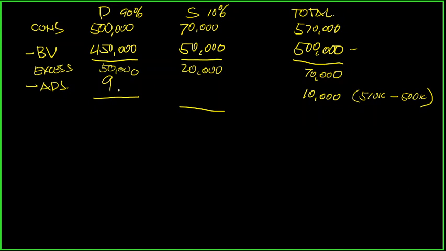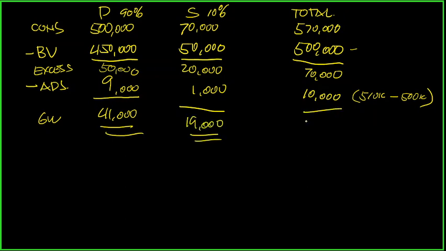So, the adjustment of 9,000, that's 90%, and 1,000, that's your elimination entry number 2 na, di ba? You will be left with your goodwill. Here you have a goodwill of 41 as previously computed. Here you have 19,000. Tada, and a total goodwill of 60,000 pesos.